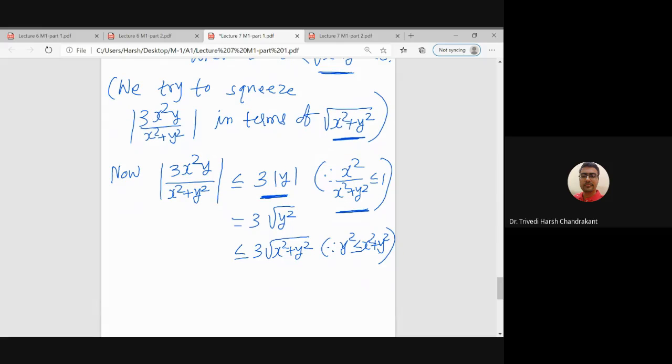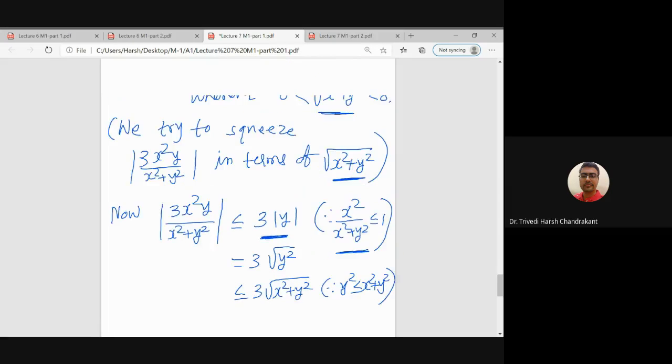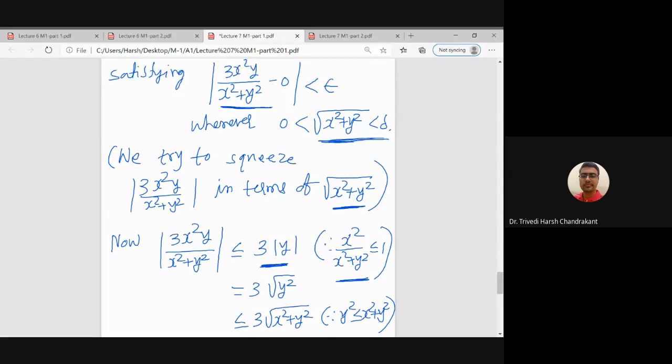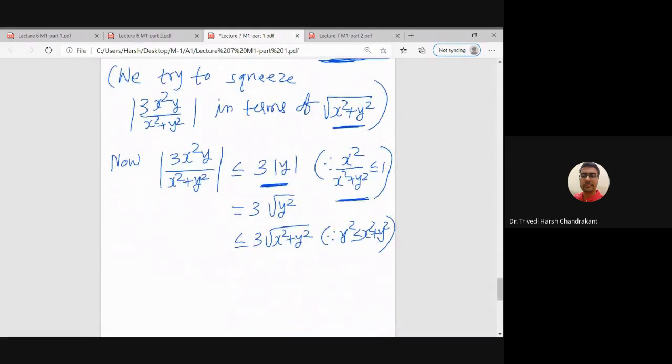And then we know that this quantity is less than delta, right? So this quantity is less than delta.